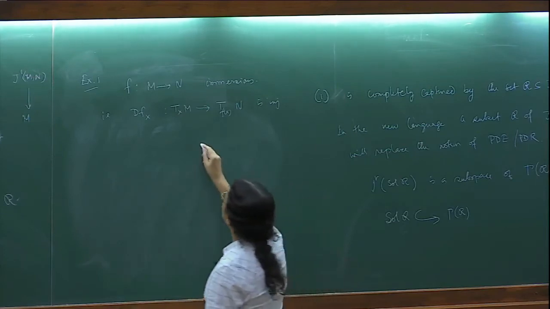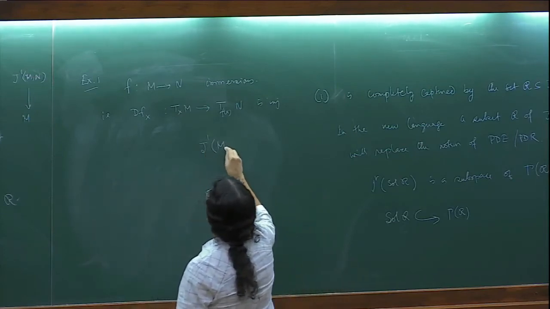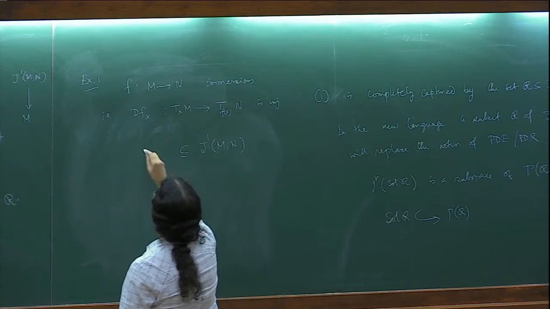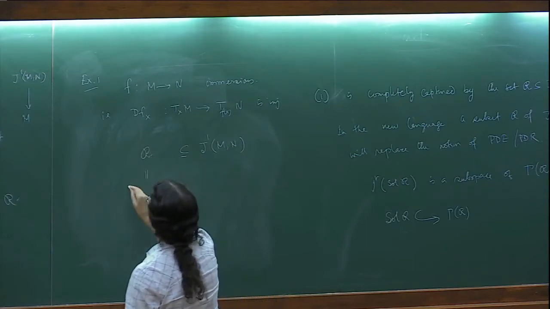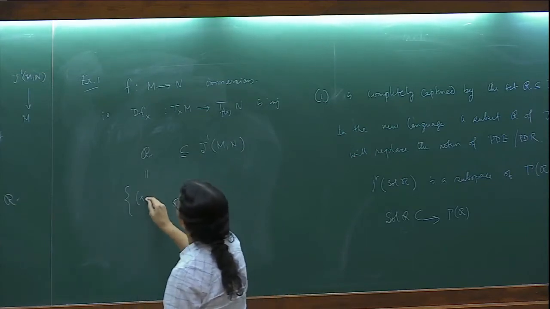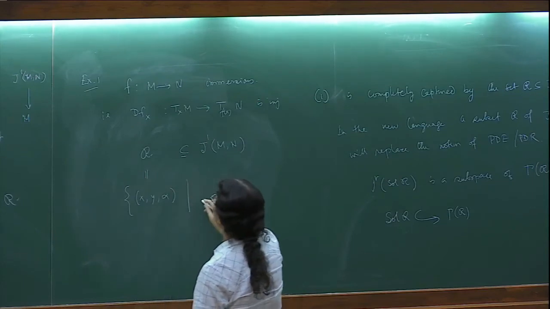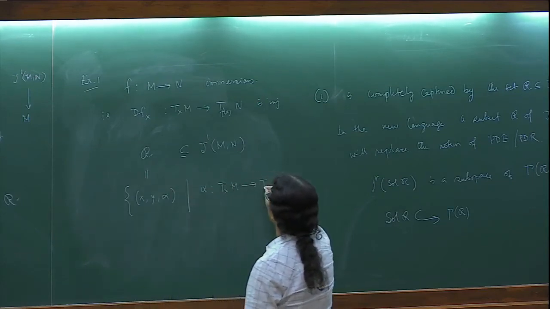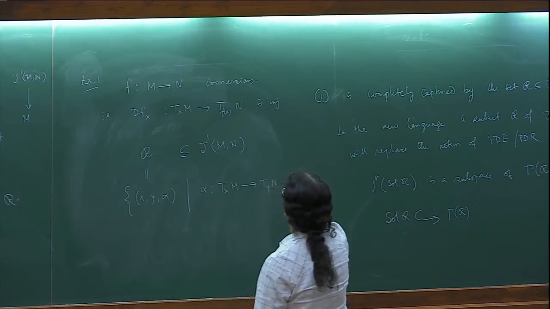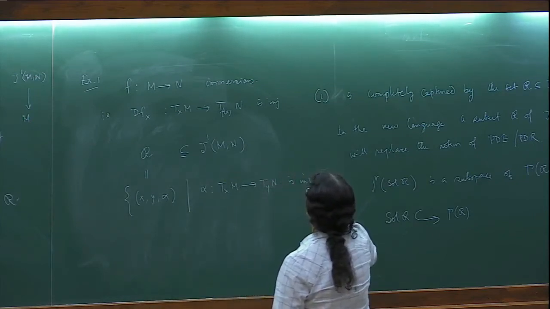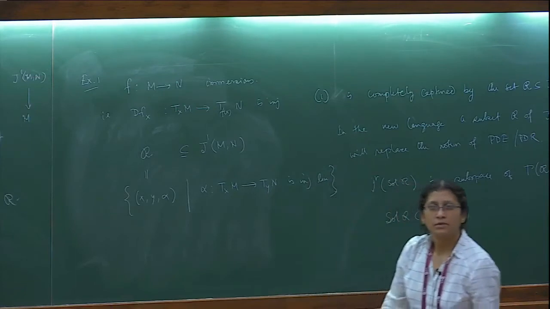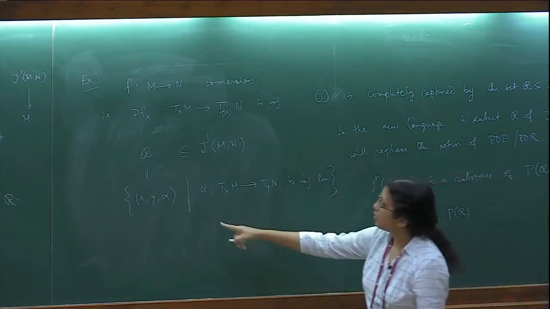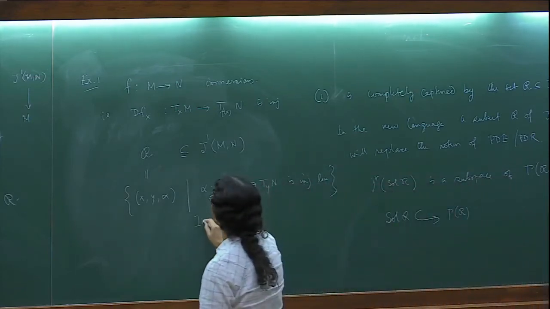So what do I do? In the first jet bundle, I consider a subset R which consists of triples like this, where this is injective linear. So this I will be calling the immersion relation.